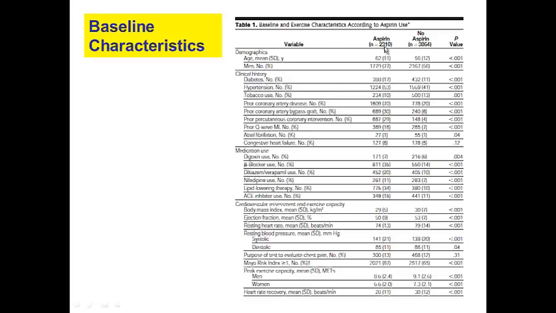There are 2,300 patients who used aspirin at the baseline, and there are 3,800 patients who didn't use aspirin at the baseline. And if you look at the potential confounders, these are the factors associated with death. So if you see imbalance, these factors may confound study results. So let's look.